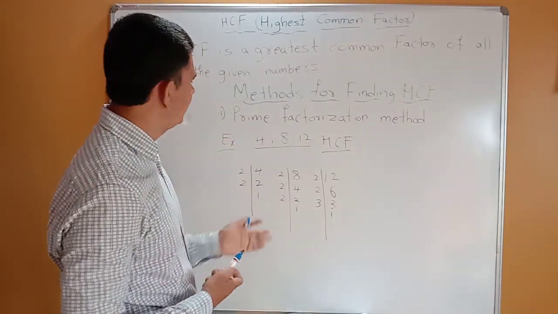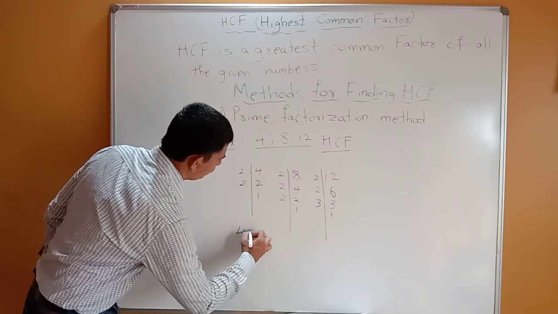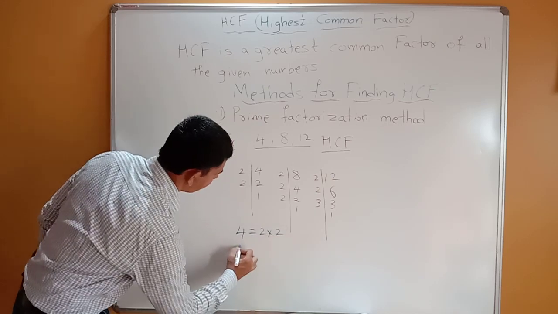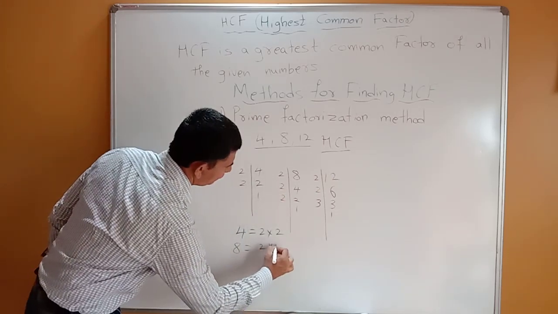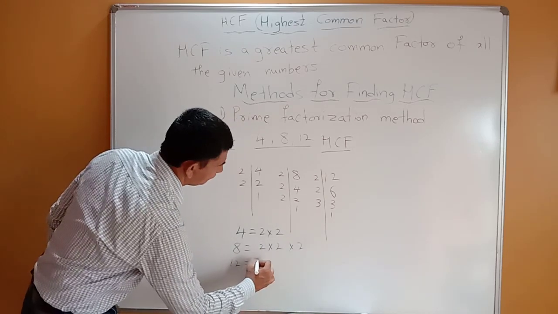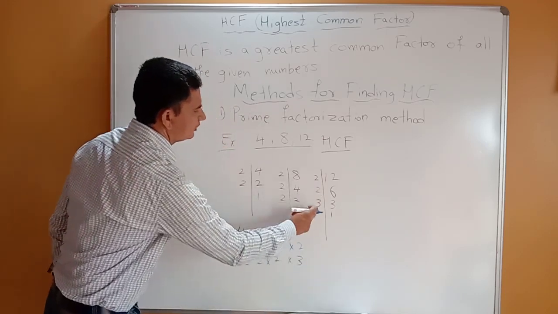First, list out the factors we got: 4 is equal to 2 into 2, 8 is 2 into 2 into 2, and 12 is 2 into 2 into 3.